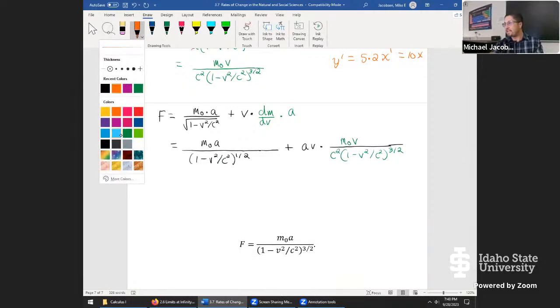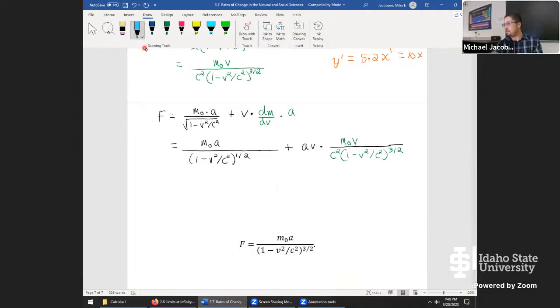I'll use this color for finding the least common denominator. So here's a c squared. It has to go below and above. Next, well, we have power 1/2 here. It needs to be power 3/2. So we can multiply by 1 minus v squared over c squared, just to the power 1.